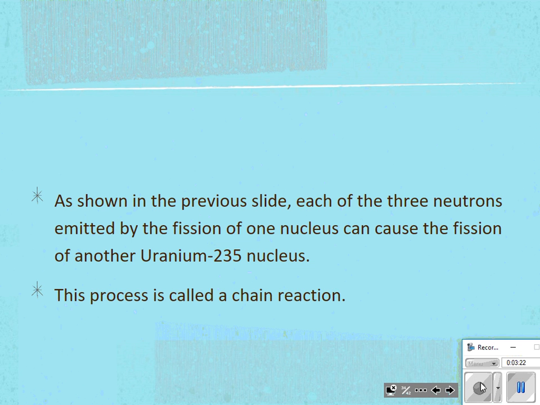As shown in that previous slide, each of the three neutrons that are emitted from the first reaction cause the fission of another uranium. So each of those first three neutrons collide with three more uraniums to make three more neutrons with each collision.